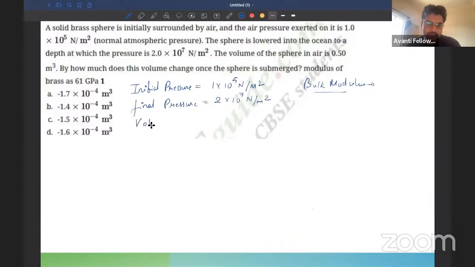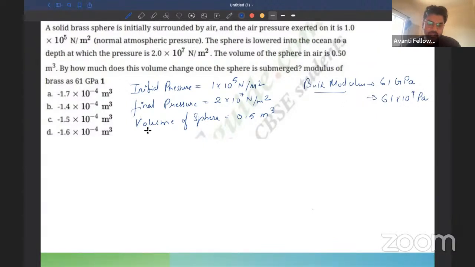Then we have volume of sphere, that is equal to 0.5 meter cube. Then bulk modulus is 61 G, means gigapascals, so it is 61 into 10 to the power 9 pascals.